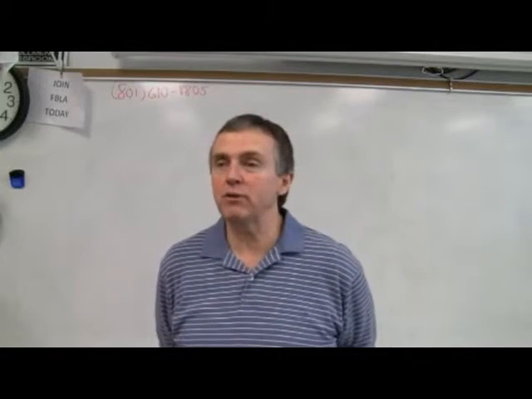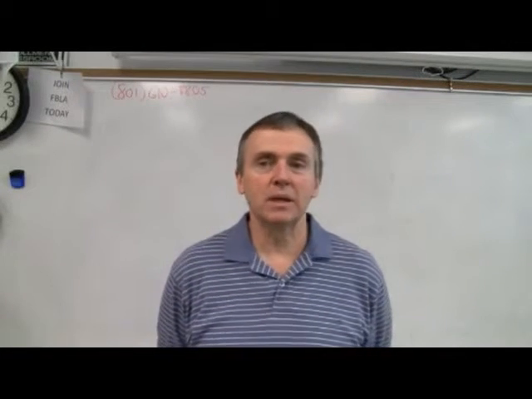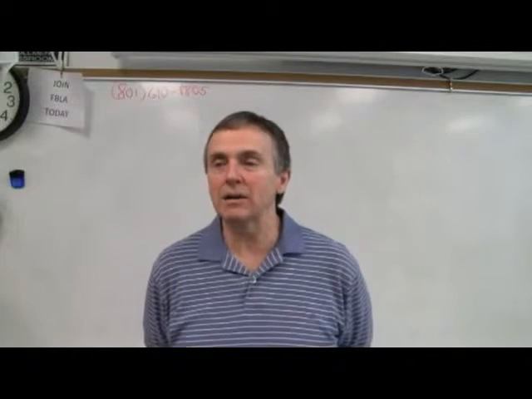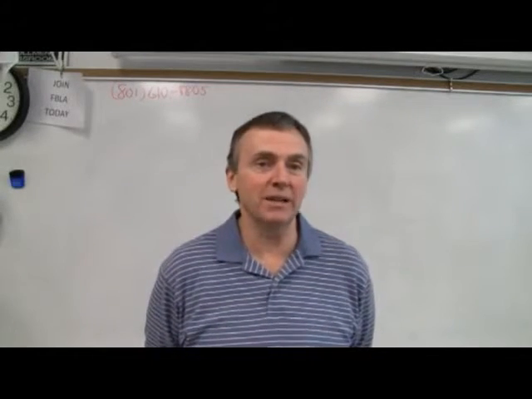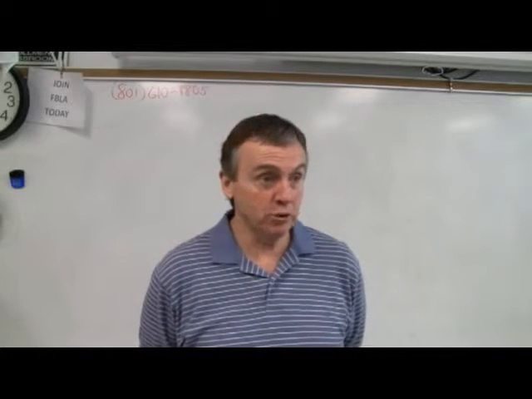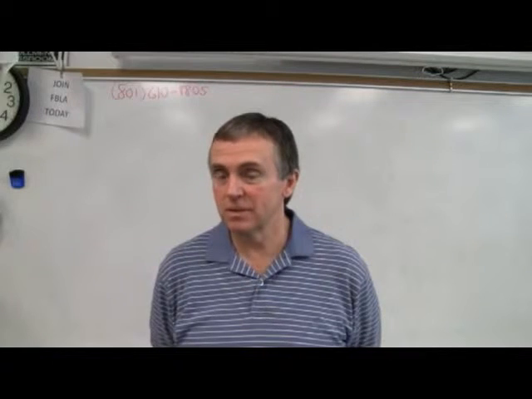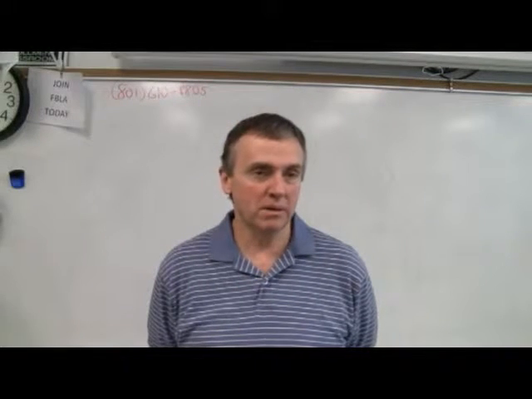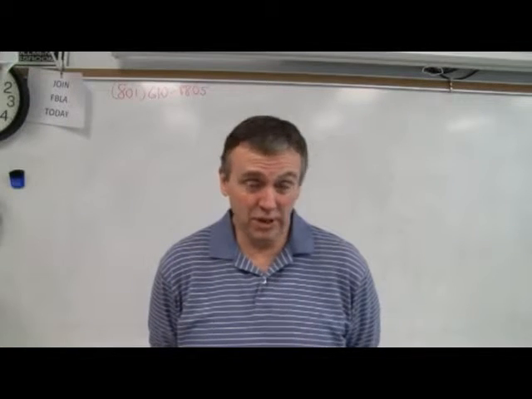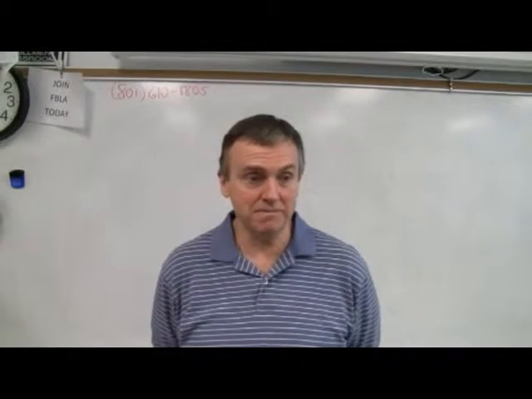What's the adjusting entry for prepaid insurance? Let's say we buy an insurance policy for $360 for the year. Every month we're going to use up some of that prepaid insurance. How much are we going to use up every month? If it's $360 for the year, it's $30 a month, right?